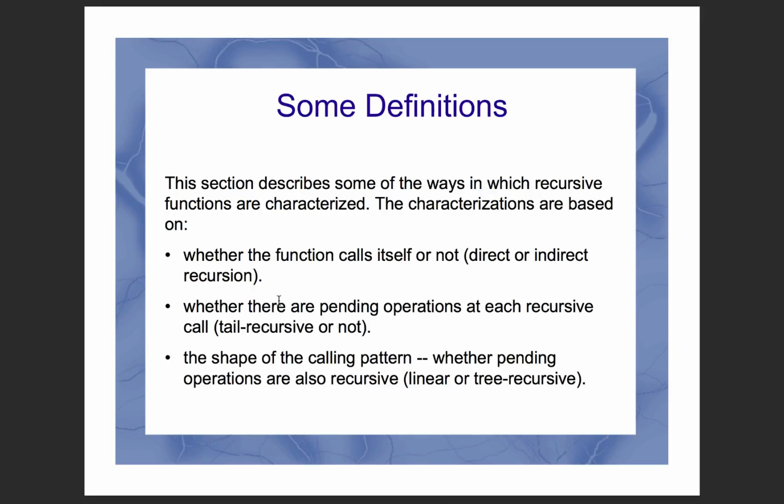We'll see some examples. You keep some arithmetic operations for later, and when you reach the base case, you start to combine those into a solution; you do those pending operations to make a complete solution. Based on that, you can call a recursive approach tail recursive or non-tail recursive.